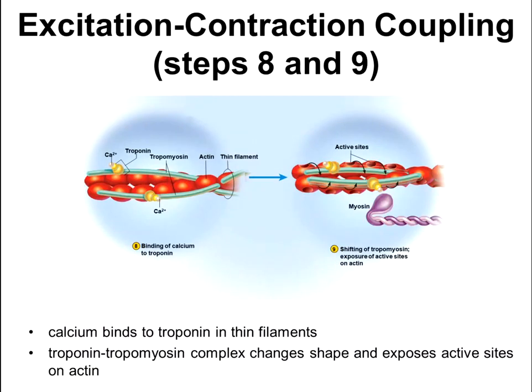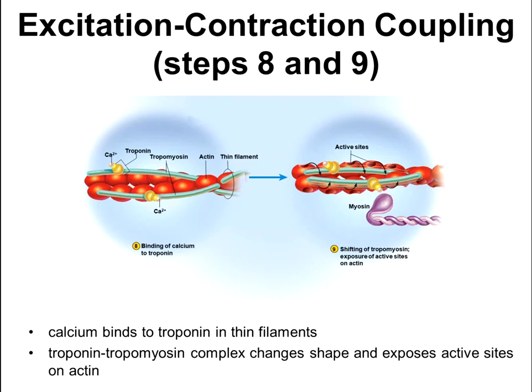Once calcium is free, it is able to bind to troponin on the actin, or the thin filaments. And once the troponin binds, it changes the shape of the troponin-tropomyosin complex and exposes the active sites on the actin.